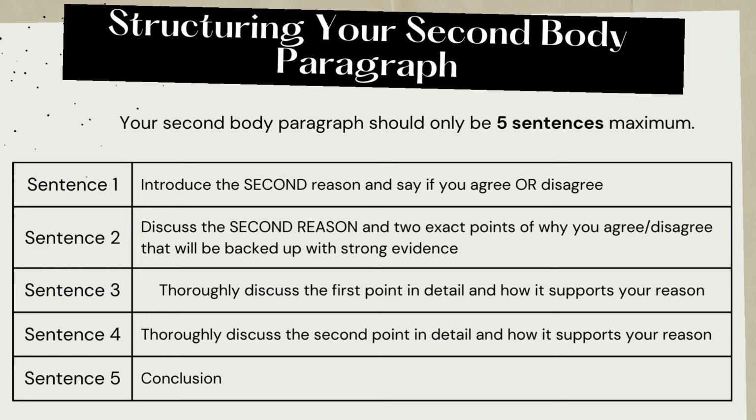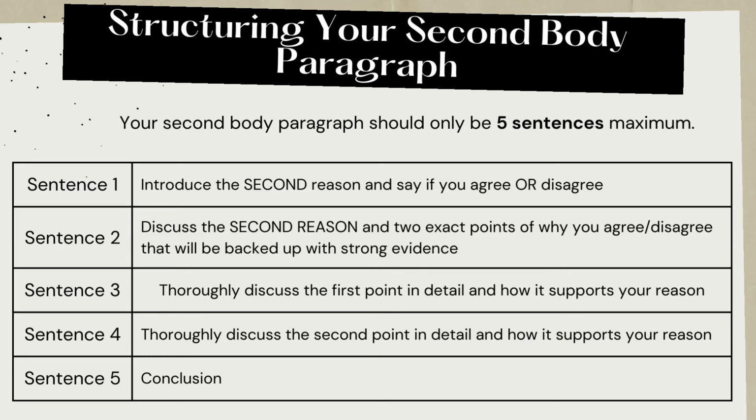In sentence 1, you should introduce the second main reason of why you agree or disagree. And then in the second sentence, you should discuss the second reason and the 2 exact points of why you agree or disagree, that will be backed up with strong evidence.